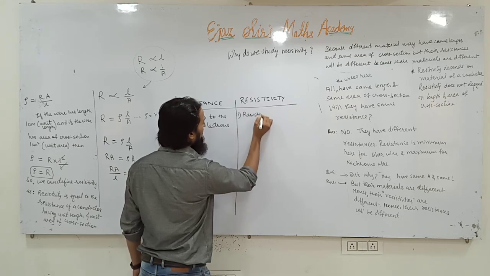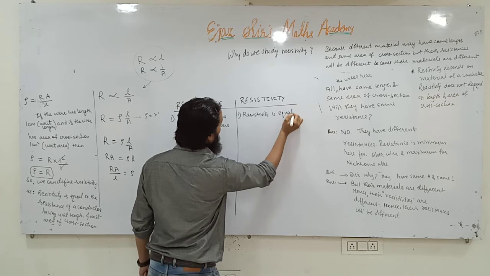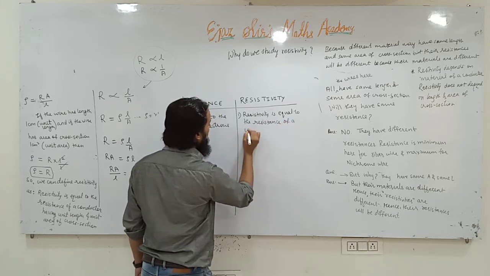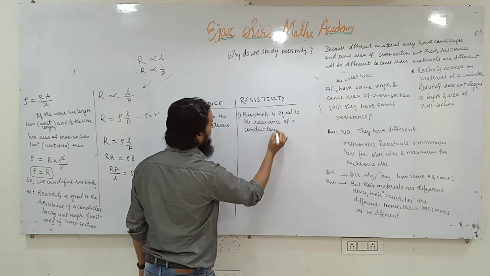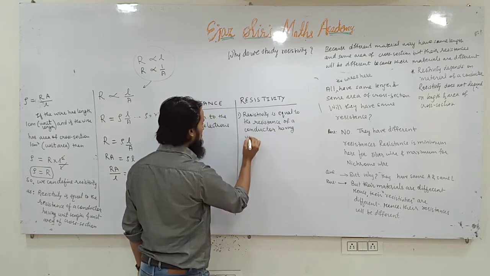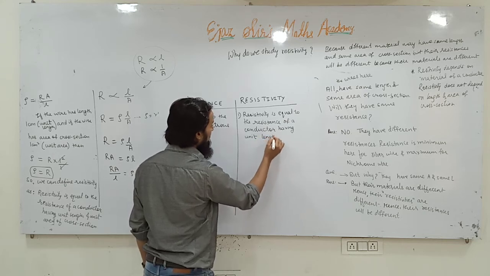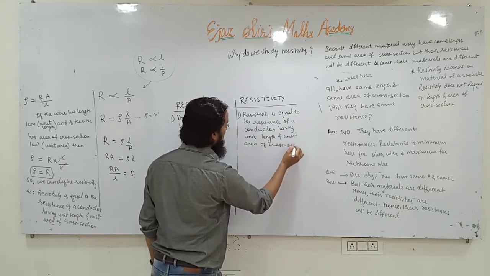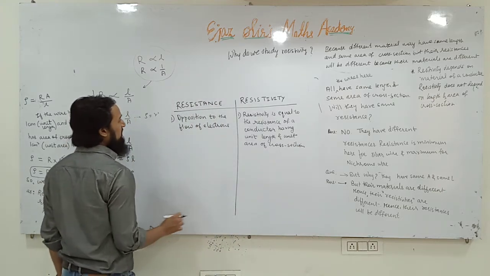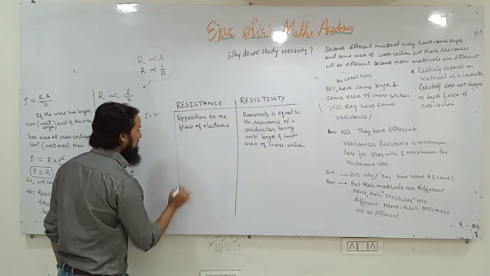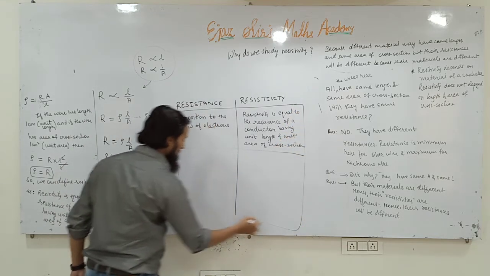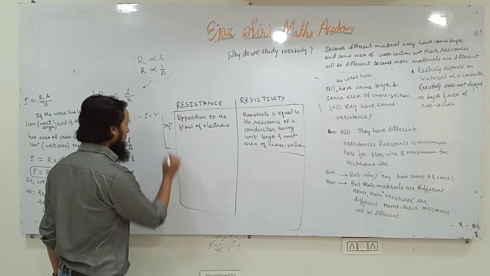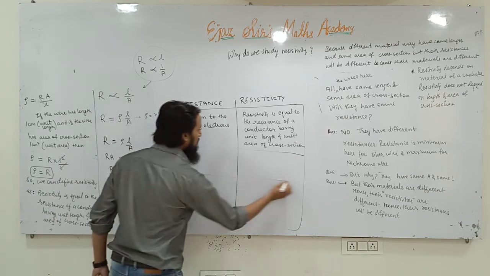Resistivity is equal to the resistance of a conductor having unit length and unit area of cross section. The first point is the definition.